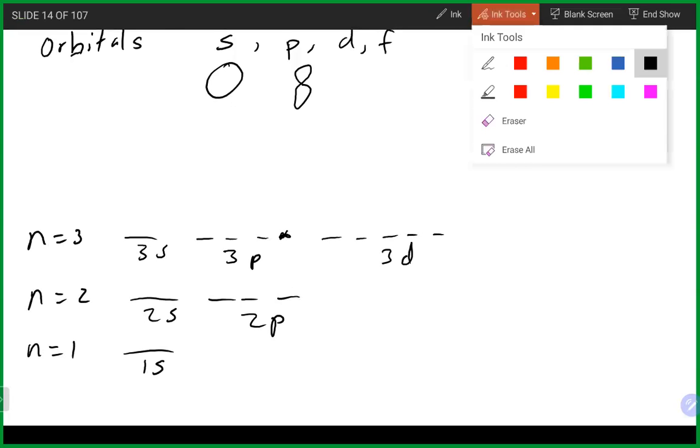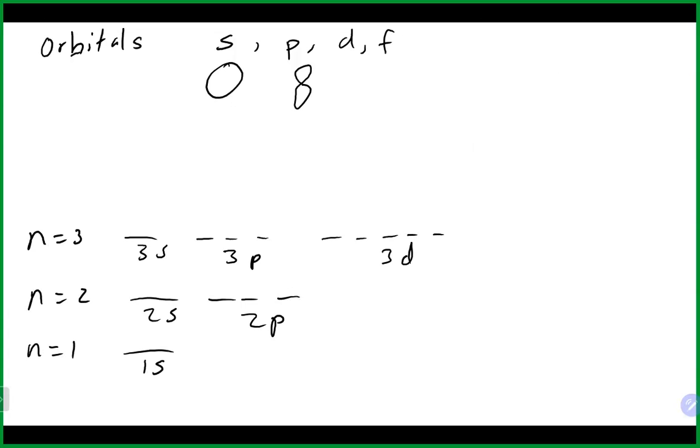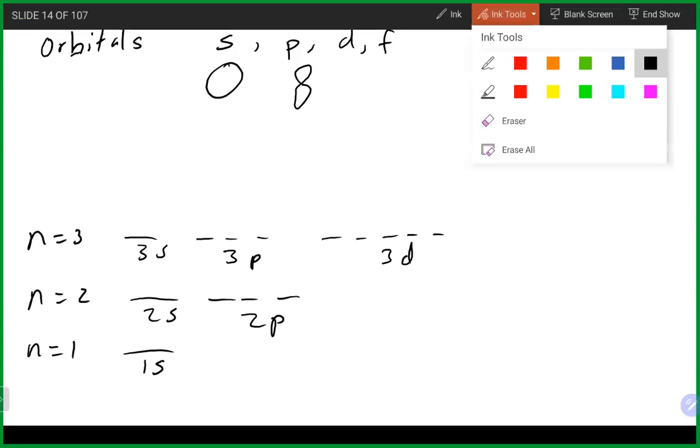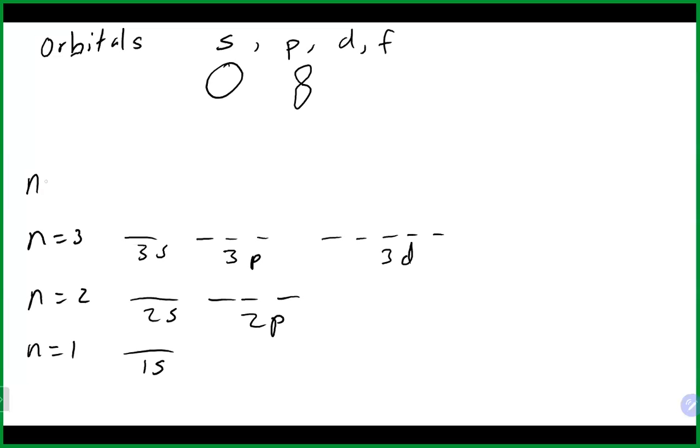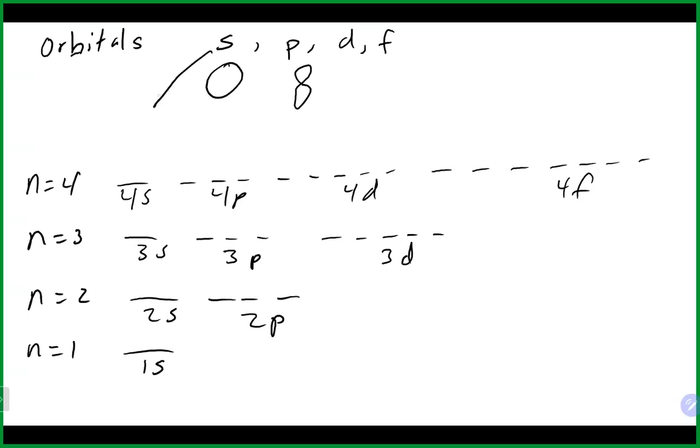When you get to the fourth energy level, that is where we start to see our f orbitals occur. We have our 4s, our 4p, our 4d, and 1, 2, 3, 4, 5, 6, 7, our 4f. There are different numbers of each of these orbitals.